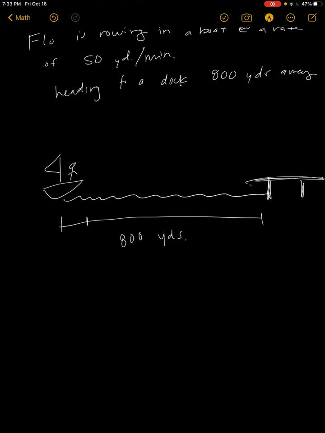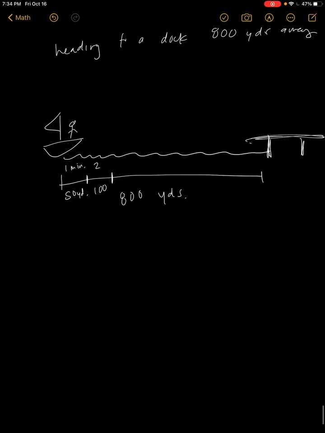So maybe in 1 minute, Flo has traveled 50 yards. How about in 2 minutes? How many yards has Flo traveled? 100 yards. How about 5 minutes? What's an easy way to figure that out?